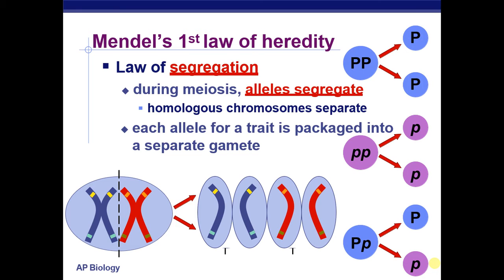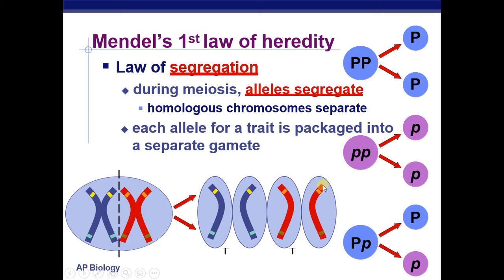So each gamete has one copy of each chromosome and therefore one copy of the two alleles that each organism has for each trait. If here was our parent cell and here are our daughter cells, here is one copy of, let's say, chromosome number one, and here's the second copy of chromosome number one.